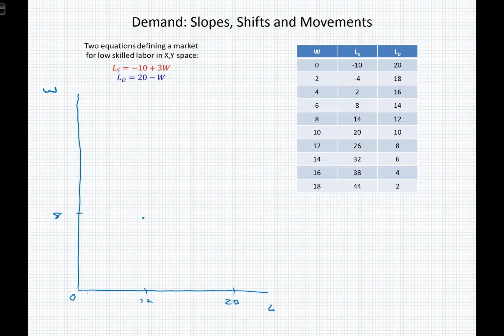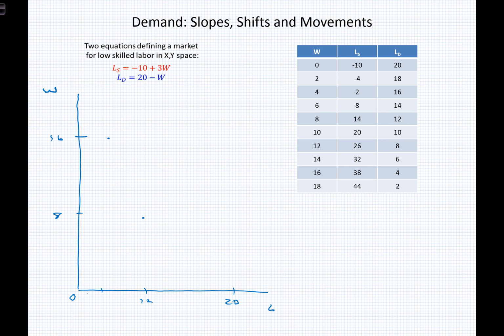And let's say that when the wage is 16, there's a labor demand of 4. So the wage is relatively high. At 16, there's a labor demand of 4. It's going to give us a curve that now we see is beginning to be a negatively sloped curve.